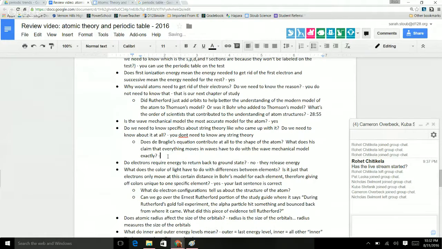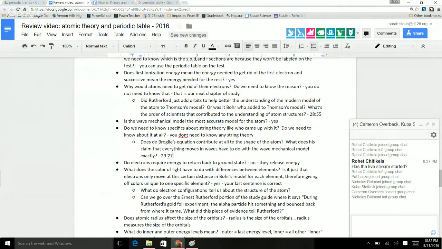No, he doesn't. de Broglie's idea that it moves in waves doesn't control the shapes. Schrodinger proved the shapes. He was the one who did the fancy math that did the shapes. De Broglie's equation contributes the idea that things move in waves. If you remember from that PhET simulation, how things kind of move in and out, by having things move in waves, it changes the idea that an electron is a particle.